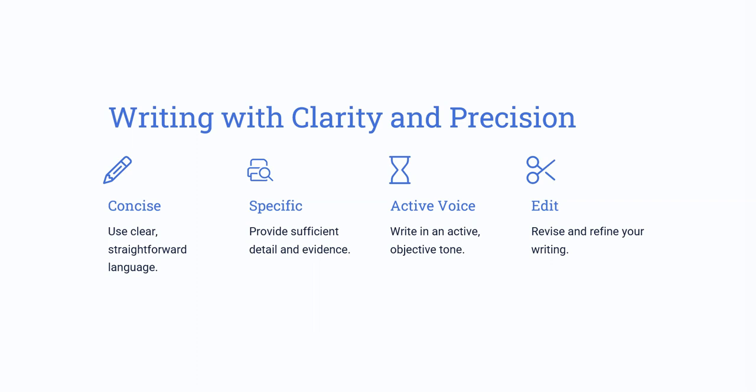And give sufficient details and evidence; where required, you need to put the citation, in-text citation and reference. And the active voice: write in an active and objective tone. That is very important, your tone and your writing voice, in which voice you are writing.